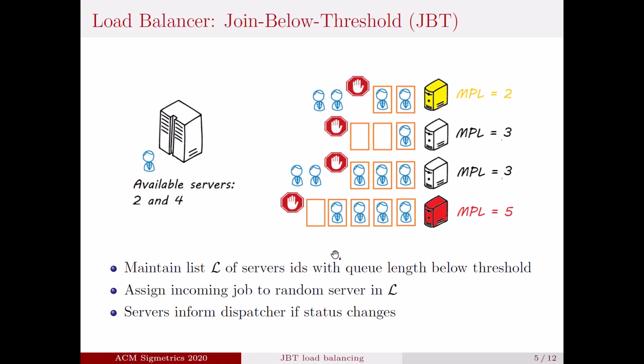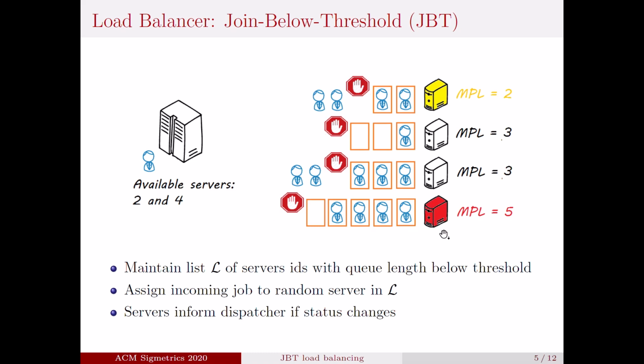In my simple example here, you can see that server 2 and server 4 have a queue length below their MPL value. So in this case, the list maintained by the dispatcher contains ID number 2 and ID number 4. Whenever a job arrives into the system, the dispatcher is going to assign that job at random to any server that has a queue length below the threshold, if such a server exists. And otherwise it will just assign the job at random.